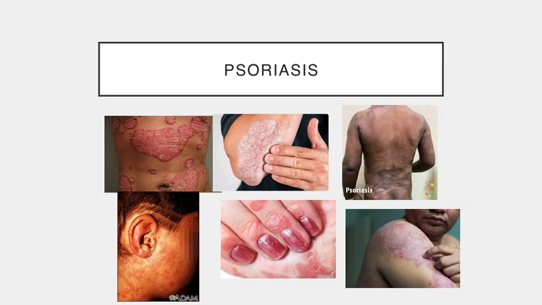In total, psoriasis affects about 7.5 million people in the United States, and the vast majority, about 80%, is plaque psoriasis. It usually occurs in adolescents, and it's seen in young adults and, of course, in older adults.